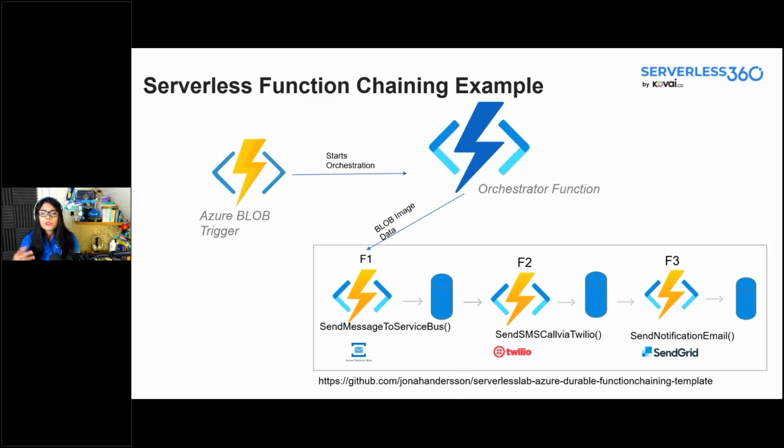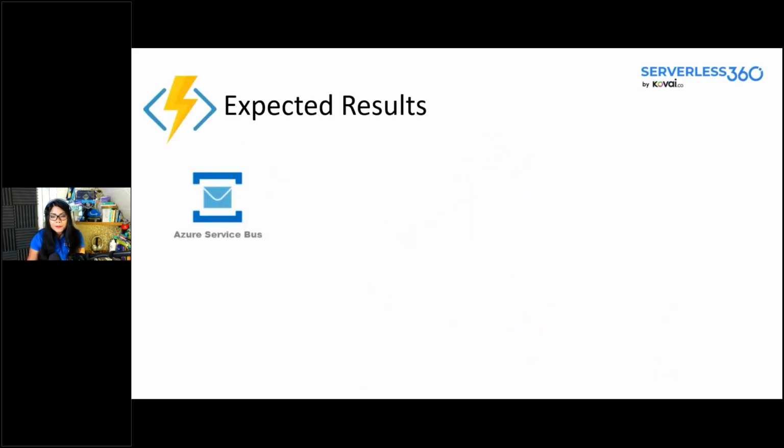If you're curious how it looks in the code, I have a public GitHub template for this example. Currently, I believe it's in .NET Core, but I'm in the process of updating it to .NET 7. If you're interested in helping me with that, feel free to contact me.